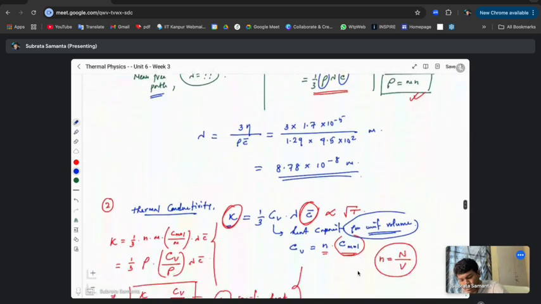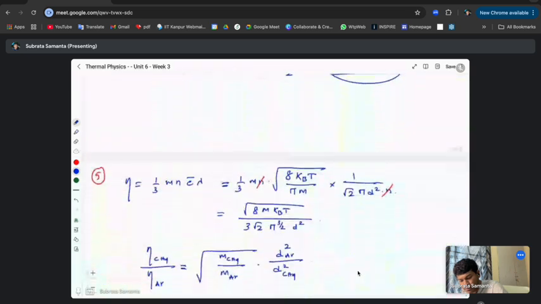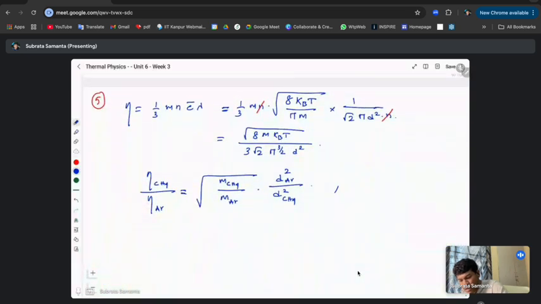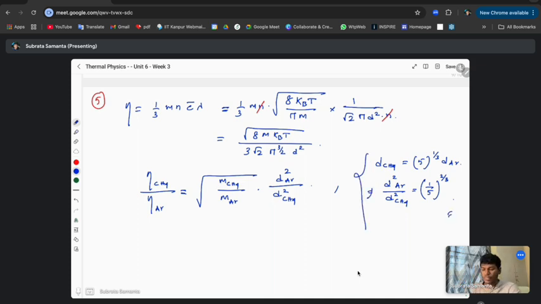So yes, d CH4 equals 5 to the power 1 over 3 d argon. That means d argon square over d CH4 square is basically 1 over 5 to the power 2 over 3, right? Okay, please cross check if I have written it wrong or right.